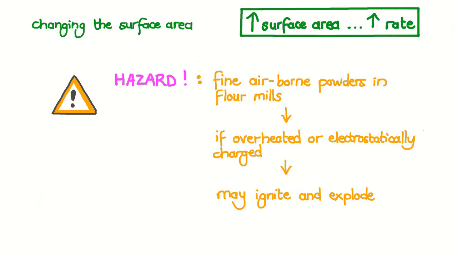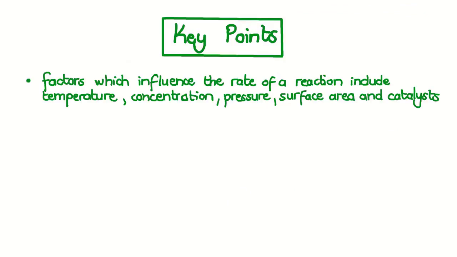Let's summarize everything we have learnt. We learnt that factors which influence the rate or speed of a reaction include temperature, concentration, pressure, surface area, and catalysts. Specifically, we investigated concentration, pressure, and surface area in some depth.